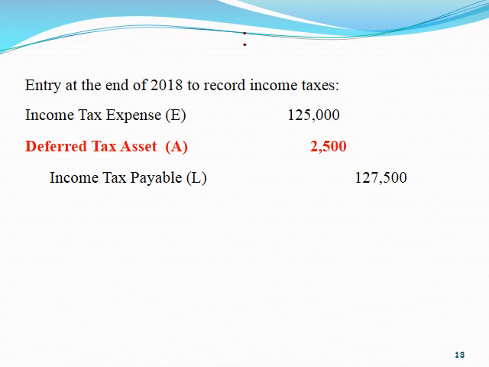So the entry at the end of 2018 to record the income tax will be as follows. The company will debit income tax expense 125k, credit income tax payable 127,500, and the difference is a debit to deferred tax asset, 2,500.